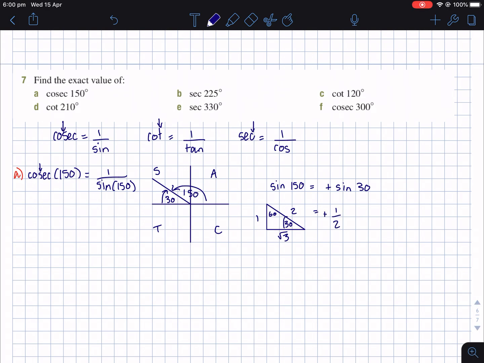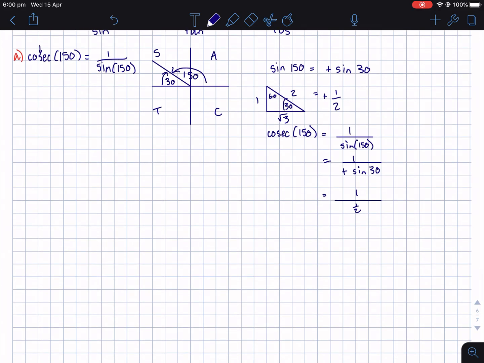So it's positive 1 over 2, which means cosec 150 is 1 over sine 150, which is the same as 1 over positive sine 30, which means it's 1 over a half.